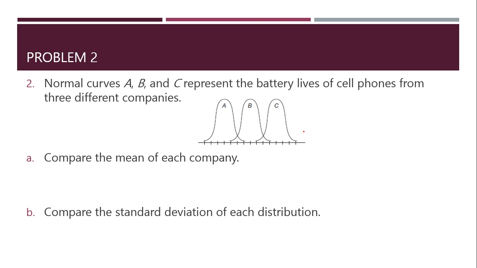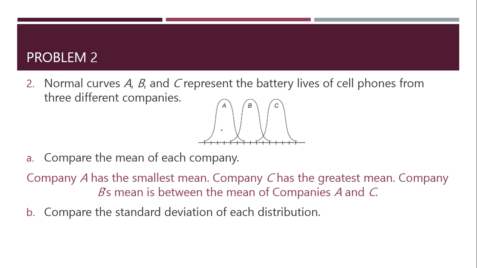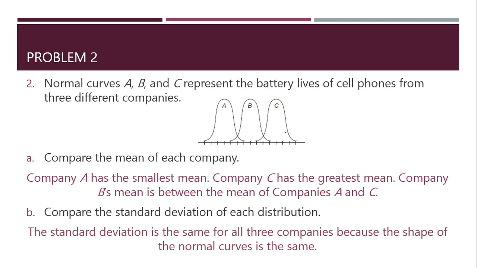So a lower mean means that your curve is going to shift to the left, and a higher mean says that your curve is going to shift to the right. So A is going to have the smallest mean and C is going to have the greatest mean, but their standard deviations are the same. So if the shape of the curve doesn't change, but we go left or right, then that means that our mean has changed.